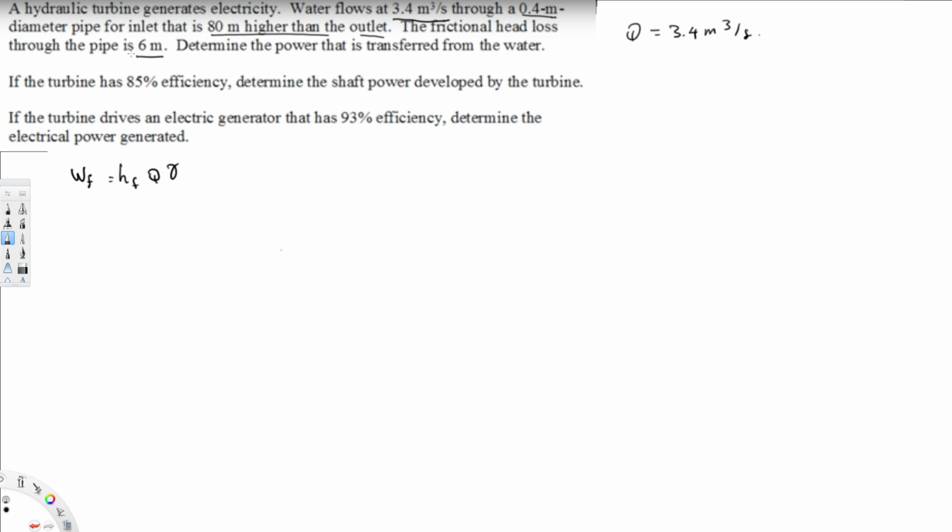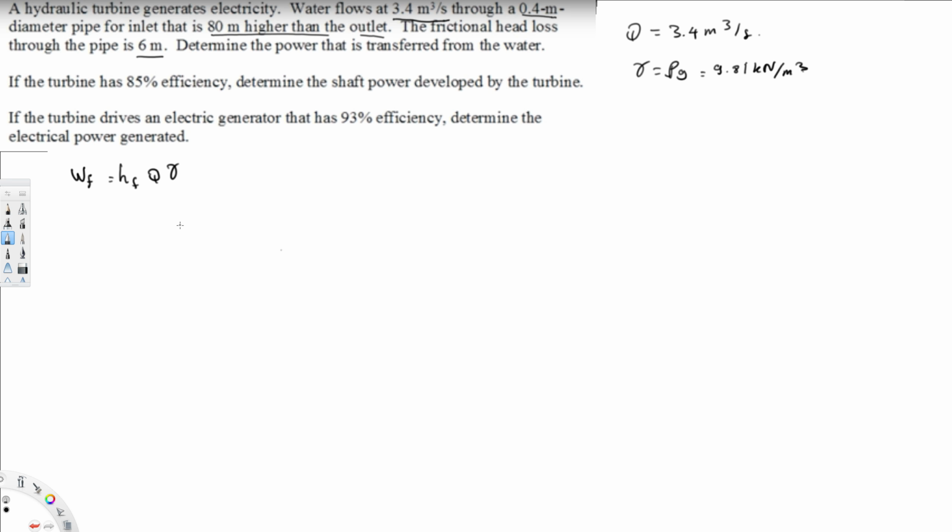This is related to water, right? So gamma for water is going to be rho g, that is equal to 9.81 kilonewton per meter cube. So we have these two values right here, but we have to find out the head change.